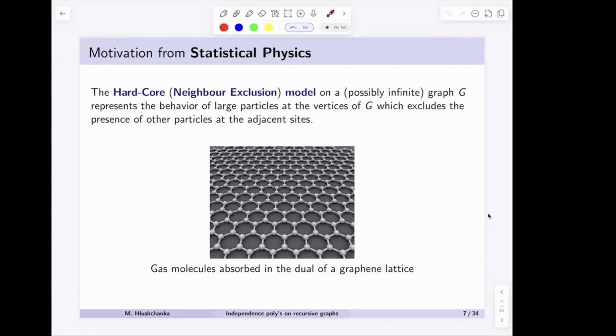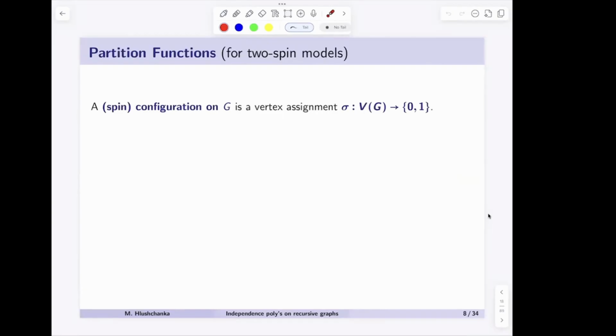The gas molecules are large enough that two of them cannot occupy neighboring hexagonal cells. And that's why you're forced to look at this independence polynomial. But this is just an outline. Let me make some precise definitions in a moment.